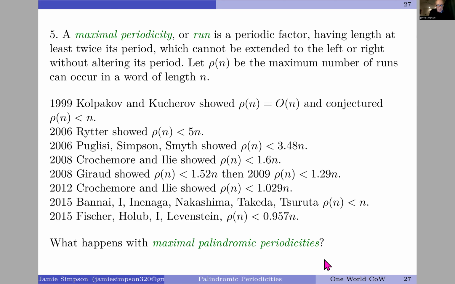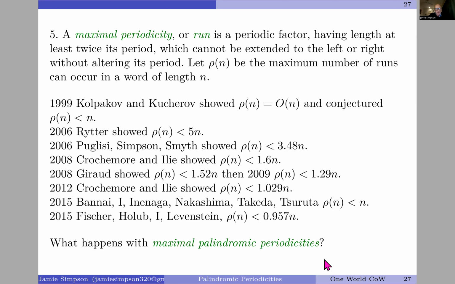This had quite a lot of interest back in the day. Let rho(n) be the maximum number of maximal periodicities, which are called runs, which can occur in a word of length n.